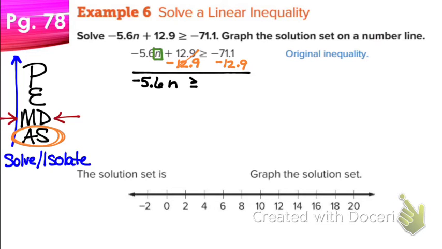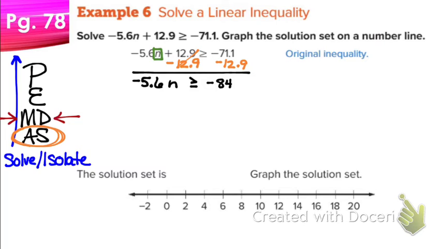Negative 71.1 minus 12.9. I got negative 84. Can you guys double check? Yeah, okay, negative 84.